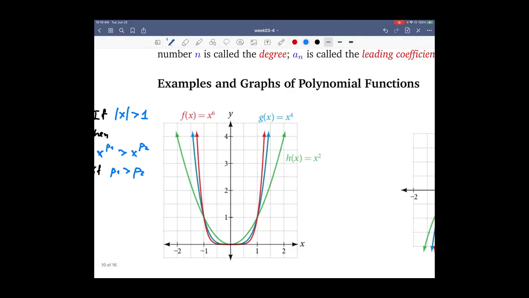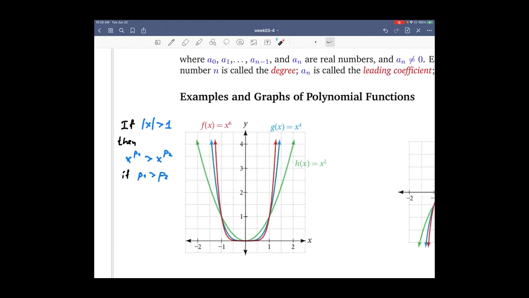That explains, for instance, why the blue graph, which corresponds to x to the power 4, is above the green graph, which corresponds to x squared, outside the interval negative 1, 1.